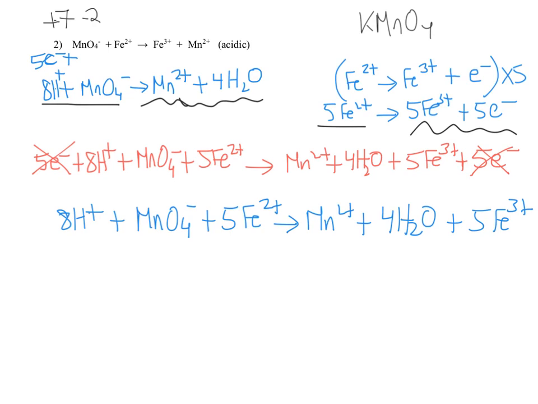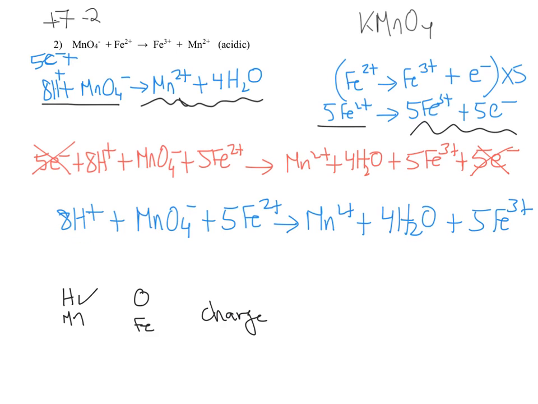Step 9 says check that the mass and the charge are balanced, so let's do that. So we have some hydrogens, we have manganese, we have oxygen, we have Fe, and then we also have the charge. So these are all the things that we need to check. Let's start with hydrogen. We have 8 hydrogens here. On this side we have 4 times 2, that's 8.